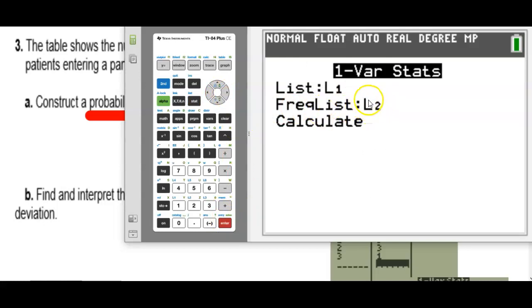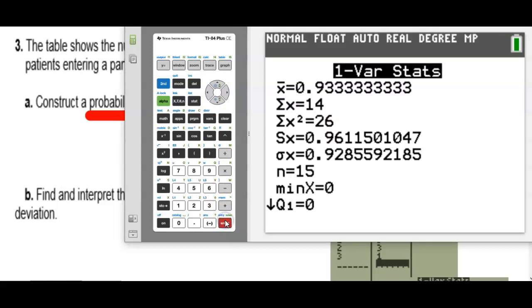When we did this lesson before, we didn't have a frequency list. So we do list 1, and then list 2 is the frequency list, and then we can just hit calculate, and it will give us these numbers for the mean and then the sample standard deviation down here.